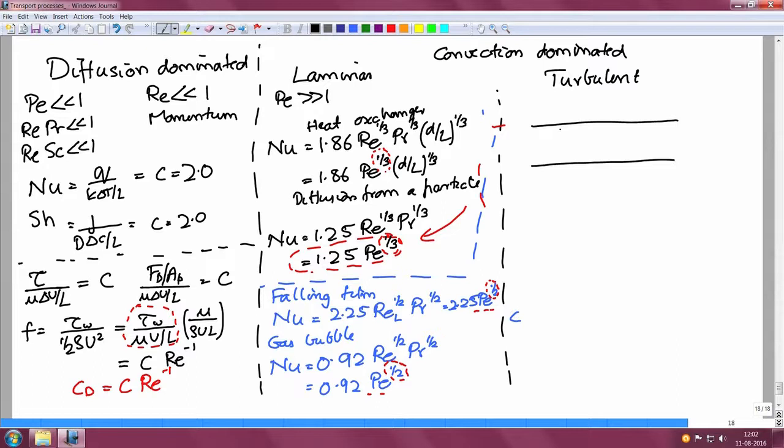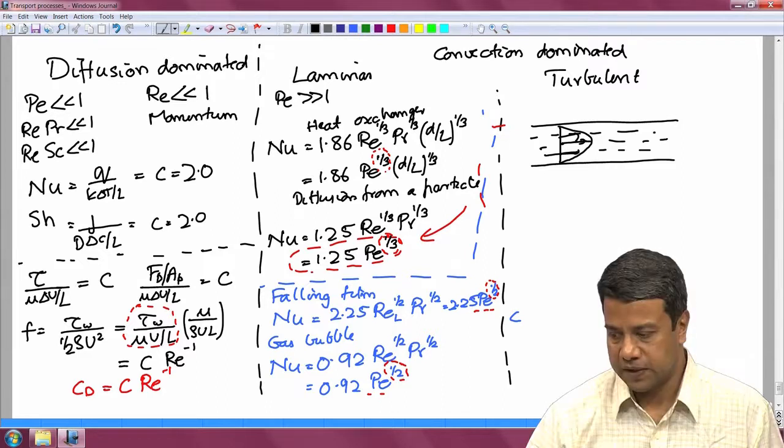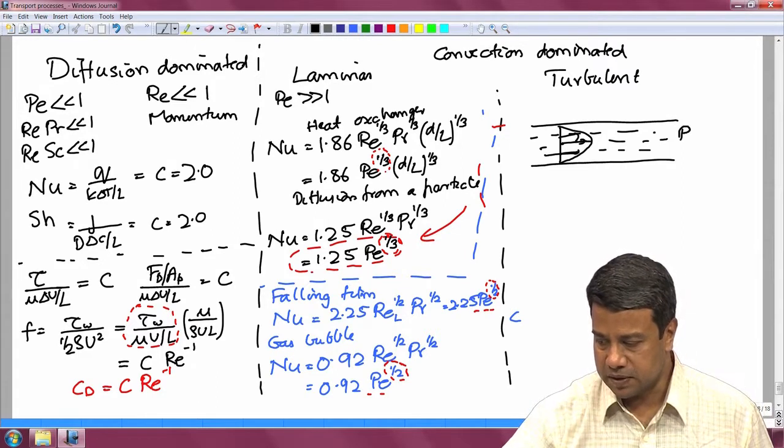At low Reynolds number, you have a parabolic profile, smooth streamlines, and the transport across the streamlines has to take place only by molecular diffusion, because there is no fluid velocity perpendicular to the streamlines. This happens when the Reynolds number is less than about 2100.